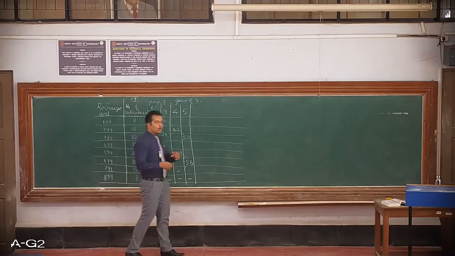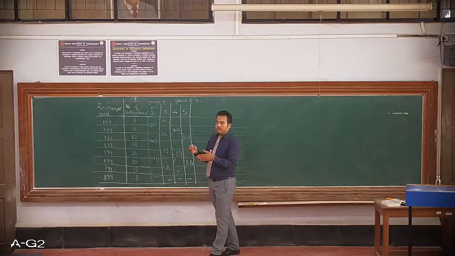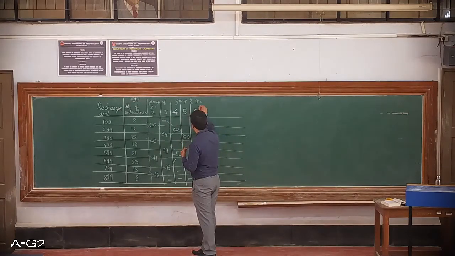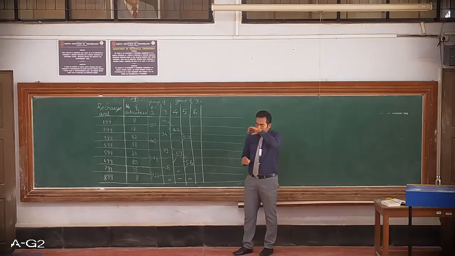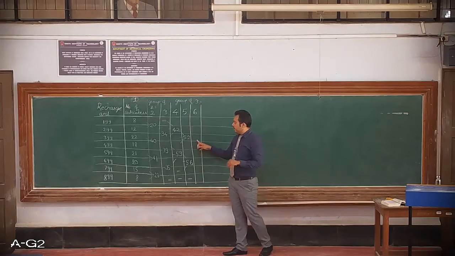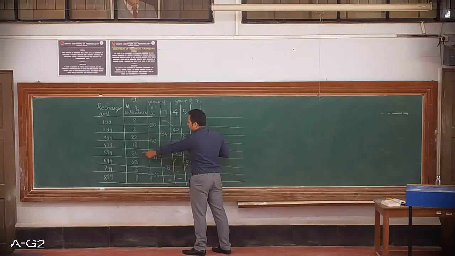Then I can have one more combination, one more column of groups of threes. So let me add column 6 here. Now I have to leave the first 2. So after leaving these 2, I have to write the sum of these 3. I mean 22 plus 18 plus 21.